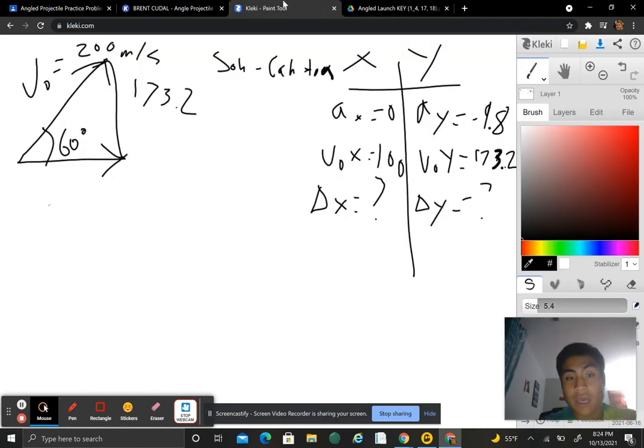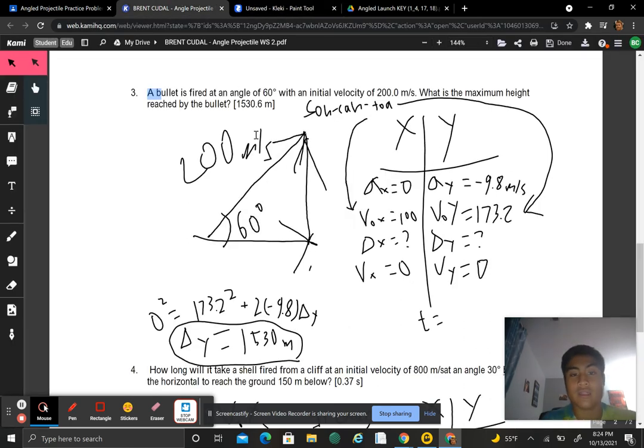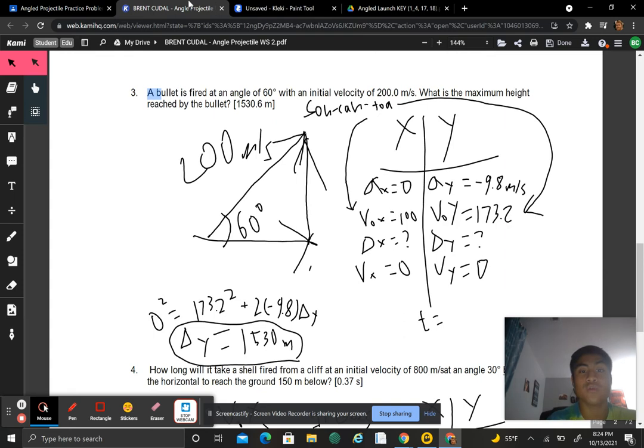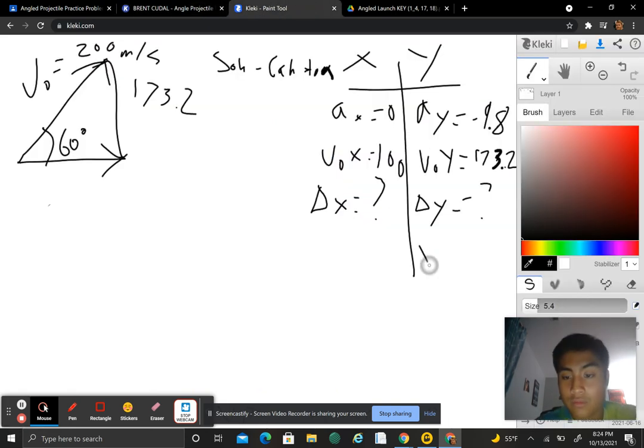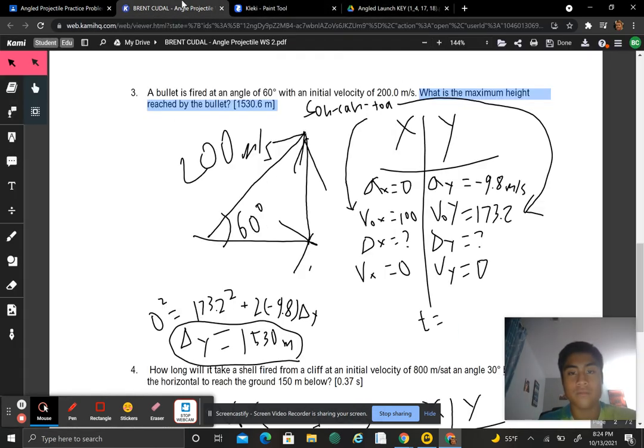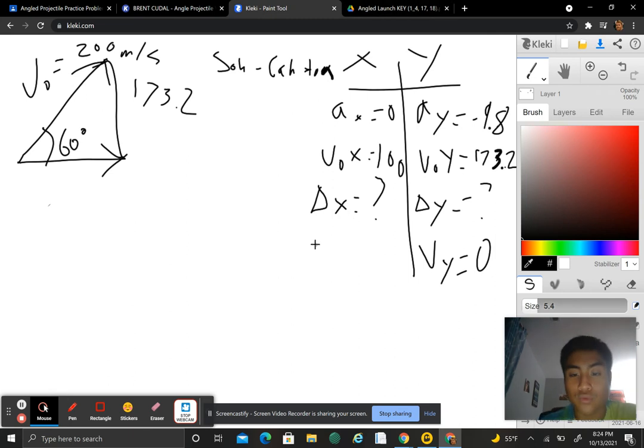And since it says what is the maximum height, it stops at a peak, so we stop at 0 for the final velocity of y. And for the final velocity of x, it is also 0.